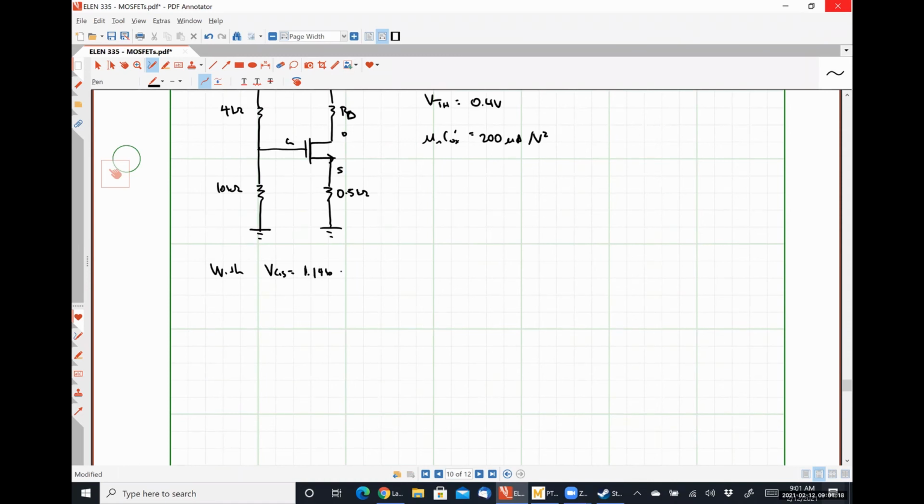...146 volts, and ID, our drain current, at 278.576 microamps based on our prior work.